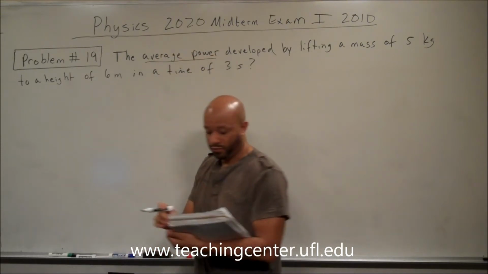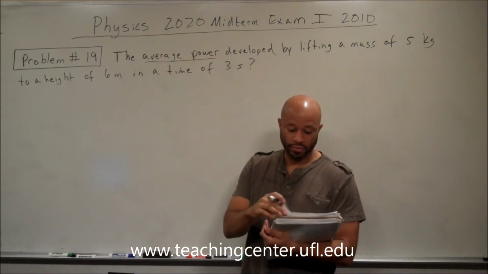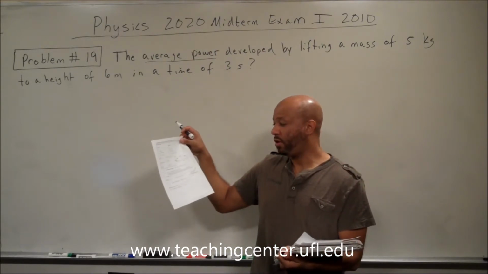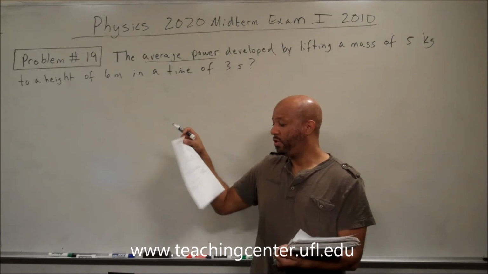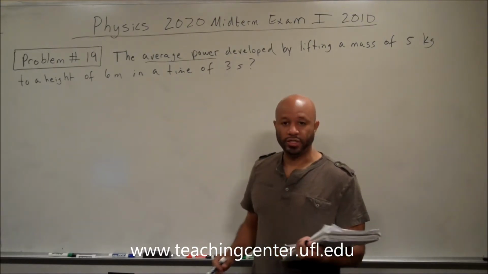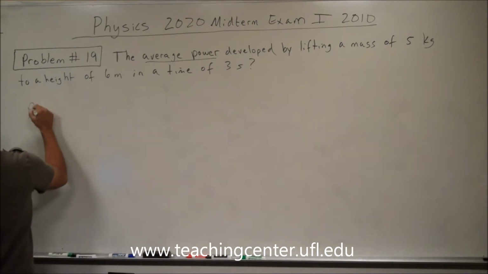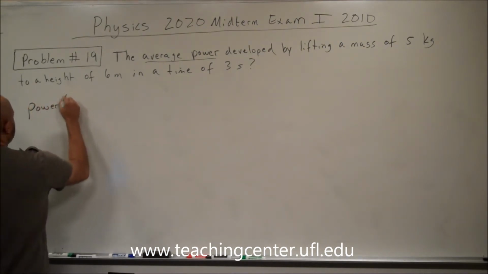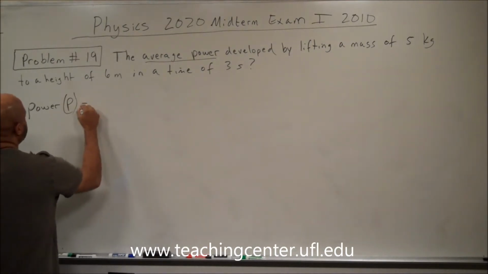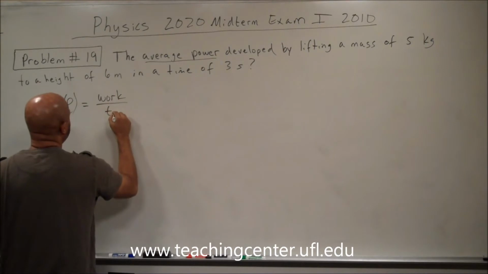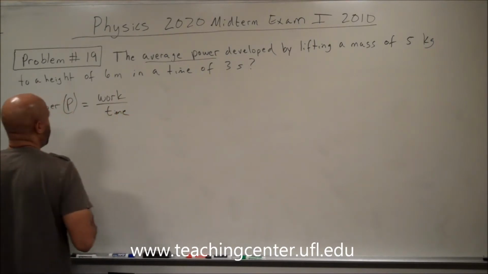right? And if we look on our formula sheet, which is given for this particular exam, under conservation of energy, you'll see an equation for power. Power P is defined as work divided by the time, right?